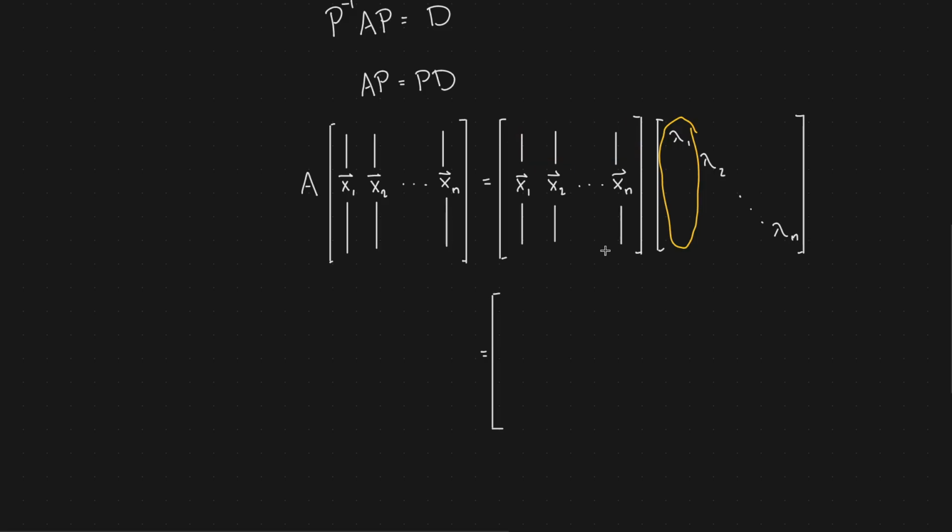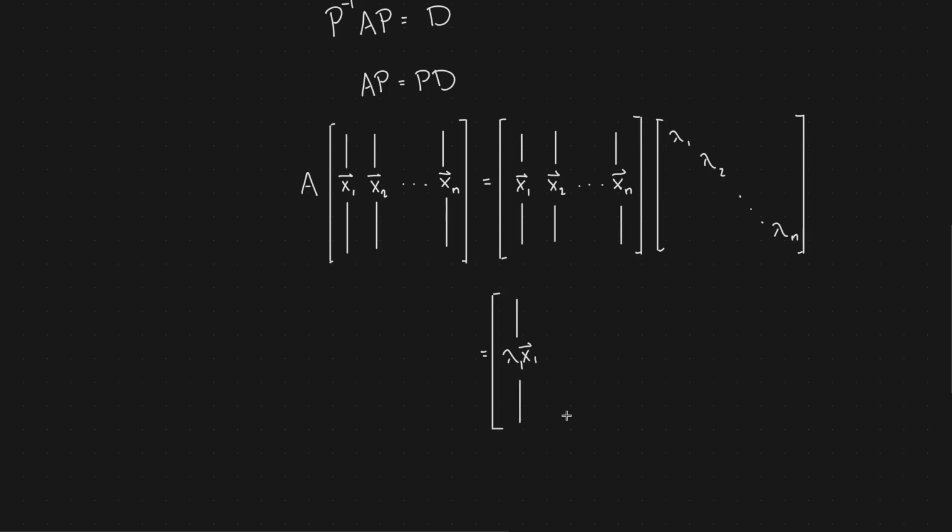And then in the second row, it'd be lambda 1 times the second element in column x1. And the third row would be lambda 1 times whatever the third element in column x1 is. So it's always going to be lambda 1 times the corresponding element in column x1. And so if I look at the whole column, I'm going to just get lambda 1 times x1.